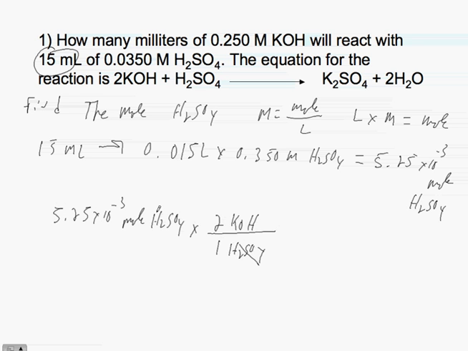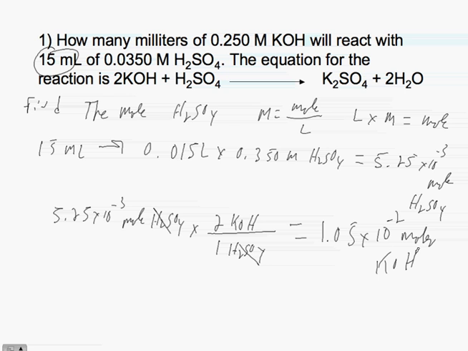The moles of H2SO4 cancel out, and my answer is in moles of the base, which in this instance is 1.05 times 10 to the negative 2 moles of KOH.